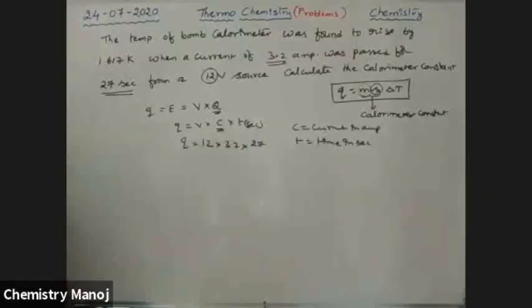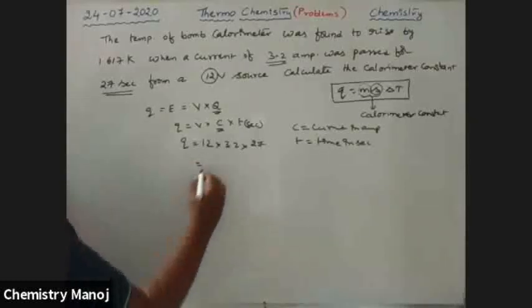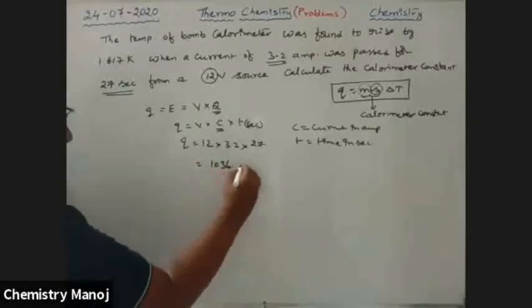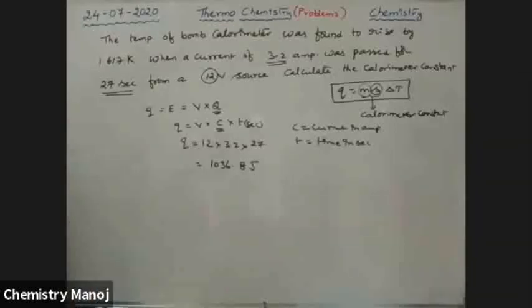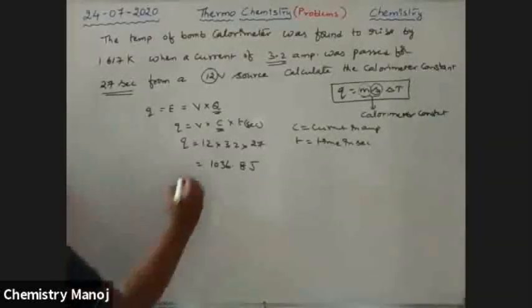Altogether it is 1036.8 joules. So this much is the Q value.